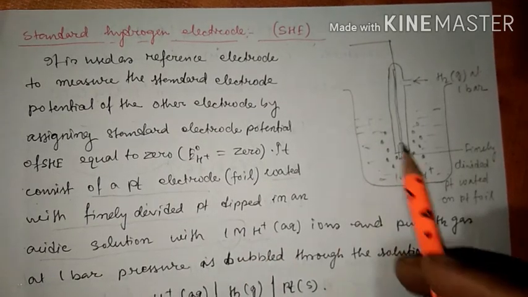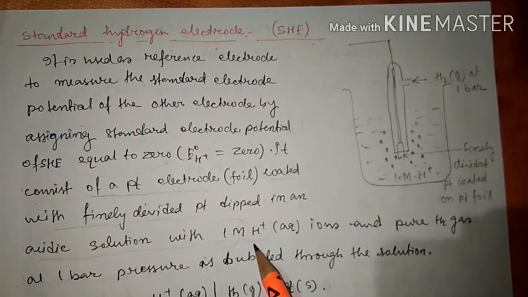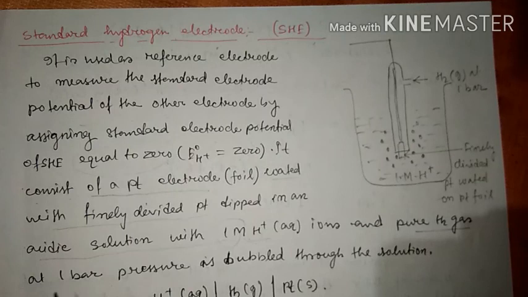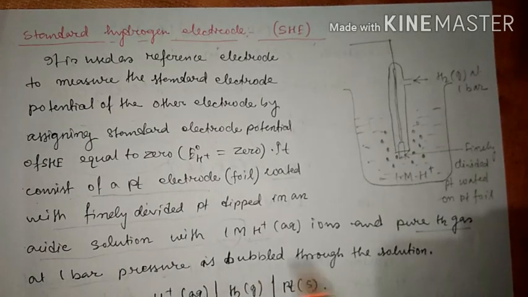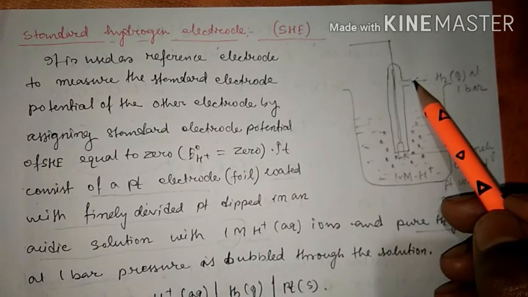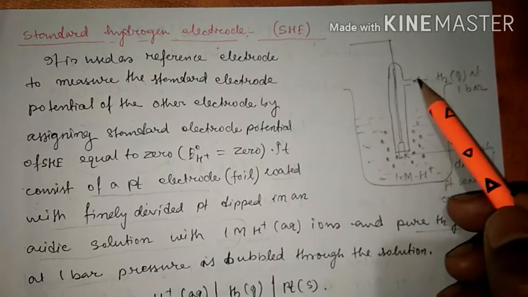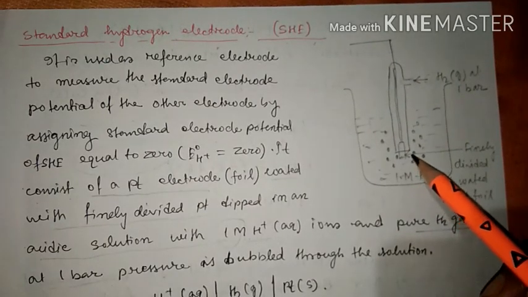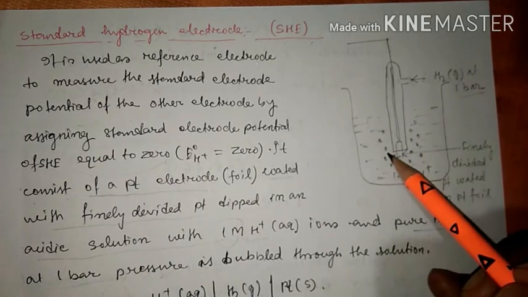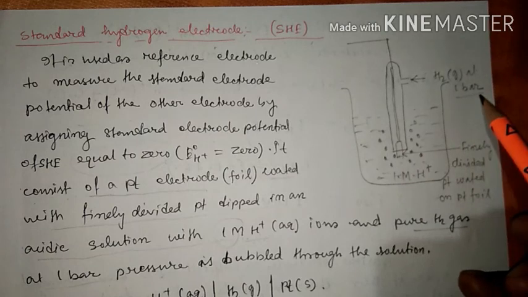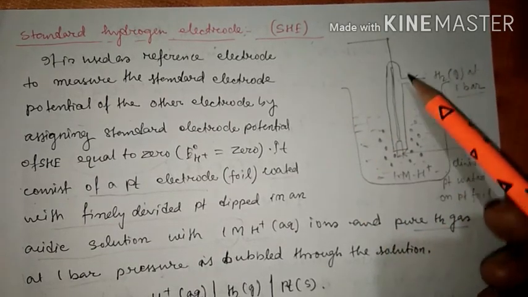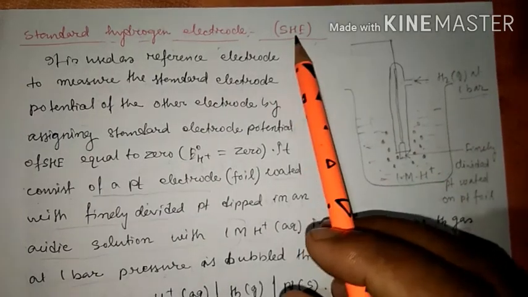The concentration of the solution should be 1 molar, and pure hydrogen gas at 1 bar pressure is bubbled through the solution. Here hydrogen gas is pushed to make bubbles at 1 bar pressure. The pressure should be 1 bar. Then the electrode is known as the standard hydrogen electrode, SHE.